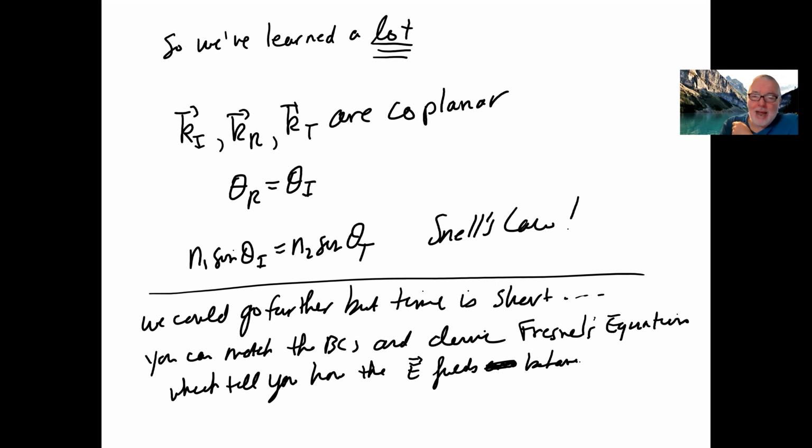And so you can match the boundary conditions like we did before, right? And then get Fresnel equations. And I would just brush over those in the book if I were you. I'm not going to be testing you on it or giving you an assignment on Fresnel's equations. But if you look at Fresnel's equations, you're talking about the transmitted and the reflected wave amplitudes, right?